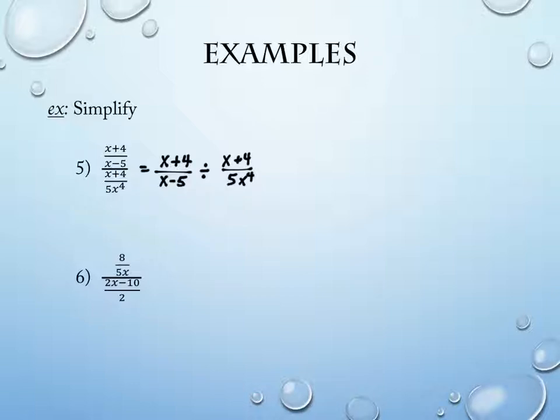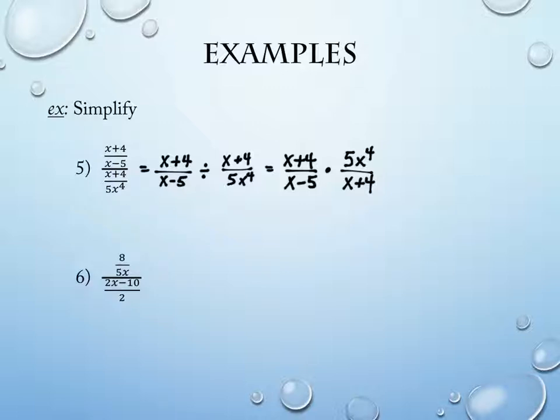And when you have division of fractions, you can rewrite them as what? Multiplication, right? So instead of division of x plus 4 over 5x to the 4th, what will it be multiplication by? Right, 5x to the 4th over x plus 4.